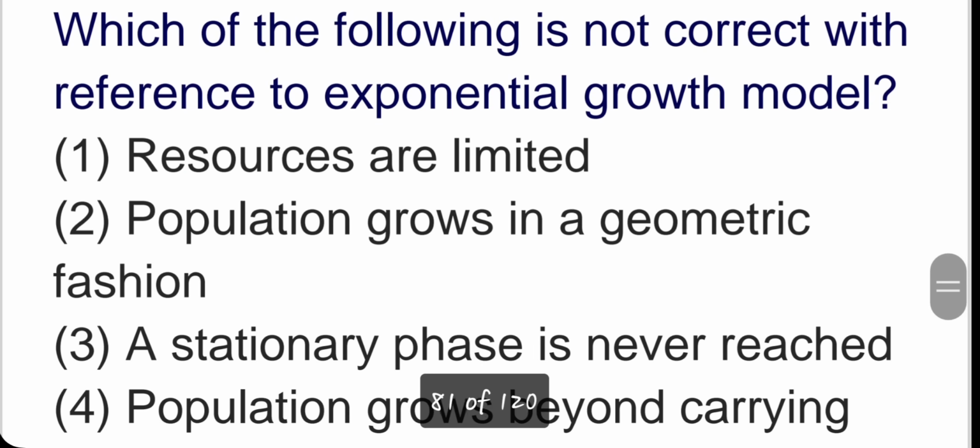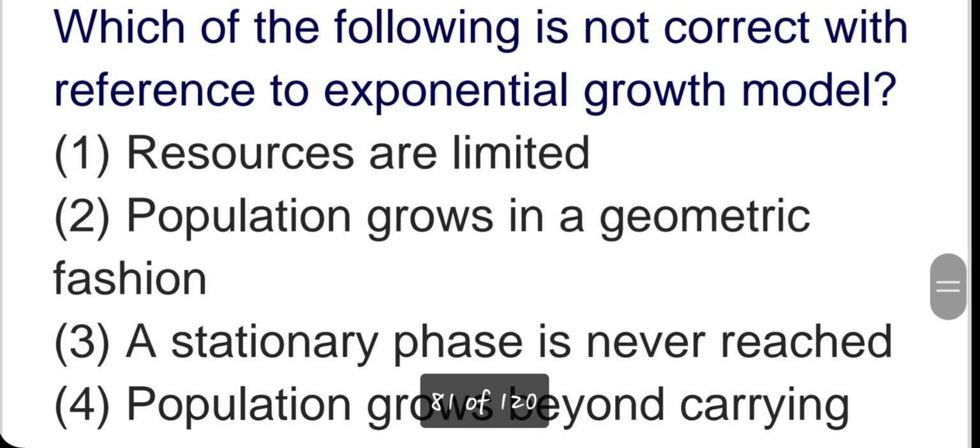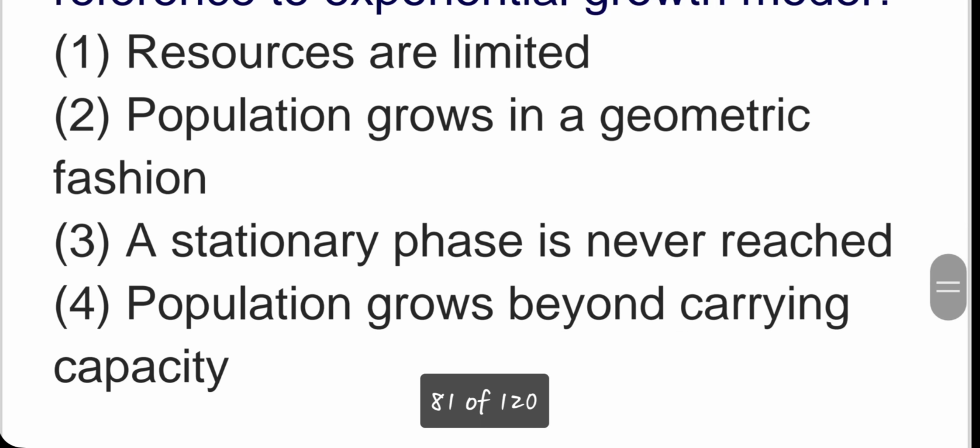Which of the following is not correct with reference to the exponential growth model? In the exponential growth model, resources are unlimited, not limited. Population growth in a geometric fashion is correct. A stationary phase is never reached.